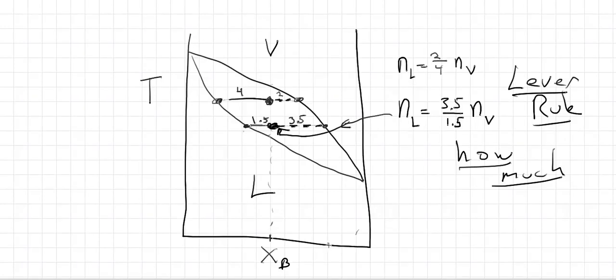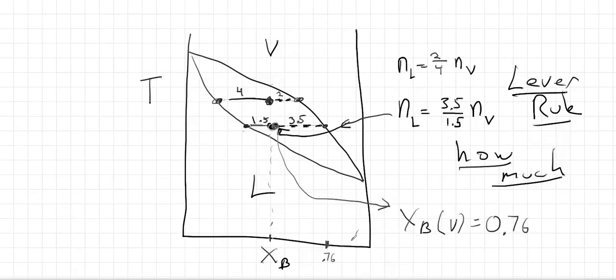So this would be about 0.76 if we just count the number of squares and see what fraction of the way this is over. So that tells us XB, if we heat this stuff up to here, then we can say XB in the vapor phase is equal to about 0.76, right? So just by counting up the squares.